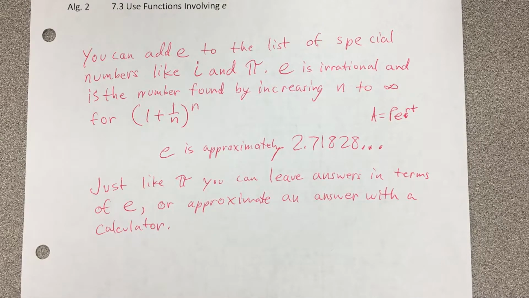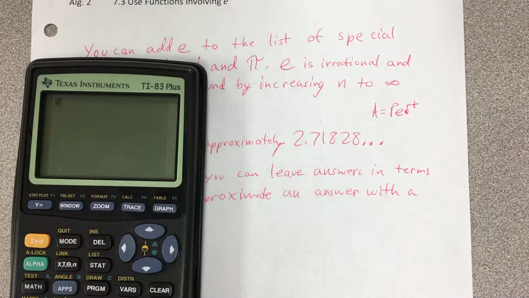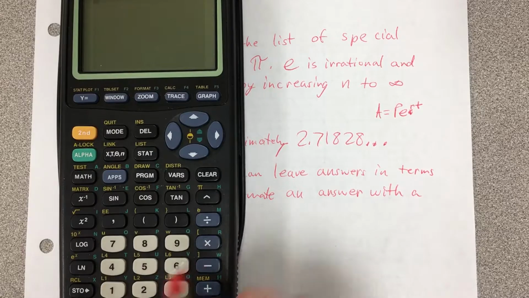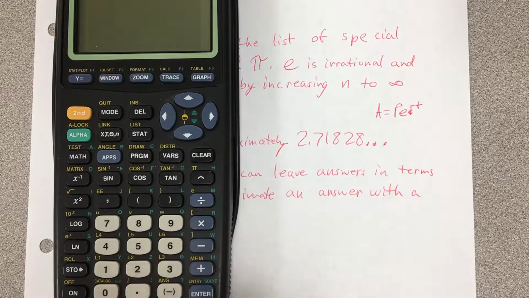I think it will. Okay, I'm using this graphing calculator here, but it looks similar to a lot of yours. The e is found in conjunction with the natural log. It's called ln, and we haven't talked about logs yet, but we will later. But ln, it's usually the second option, and there's e to the x.